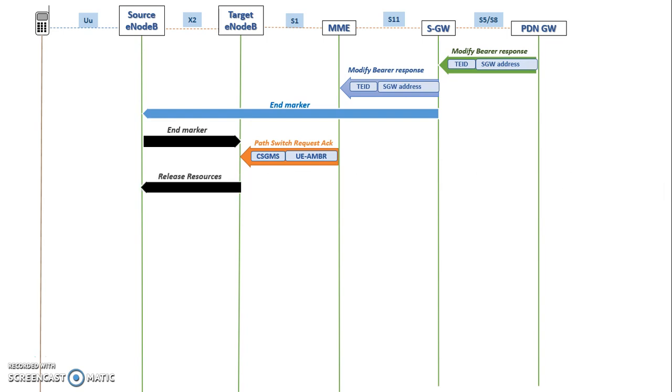The target eNode B sends a release resource message to the source eNode B to confirm the success of handover. The UE starts the tracking area update procedure with the MME.